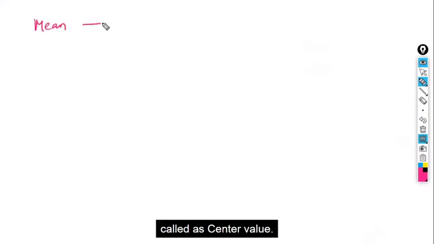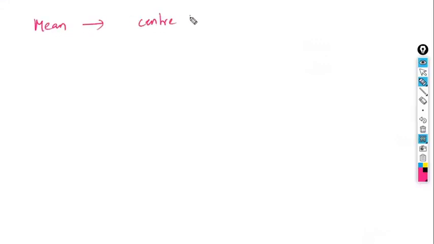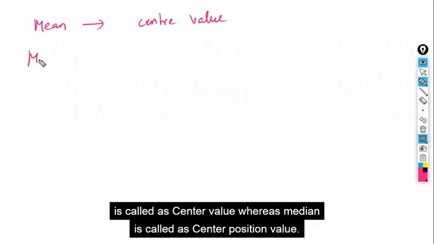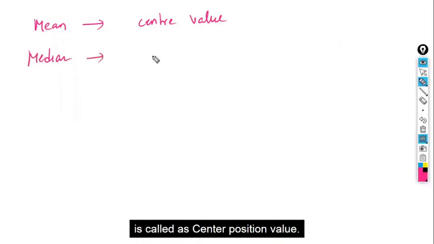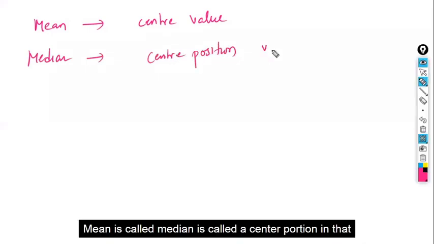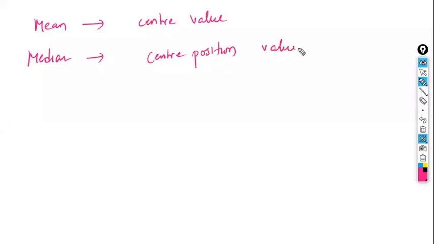Now what is the difference between mean and median? Mean is called the center value, whereas median is called the center position value. For median, in that position, whatever value is there, that is the value.